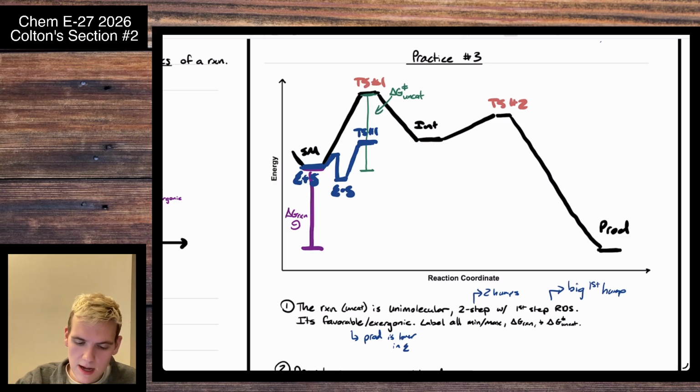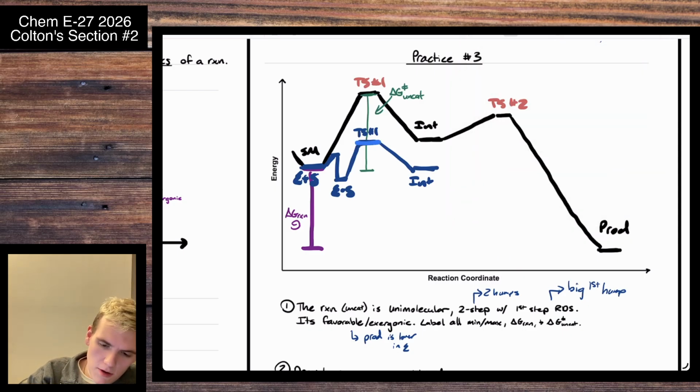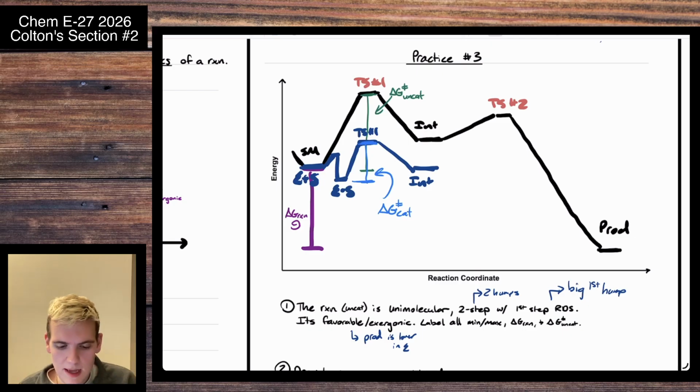And then we're going to come to some intermediate over here. Boom. So with that, now our delta G double dagger catalyzed is this. And it is smaller than our uncatalyzed delta G double dagger.